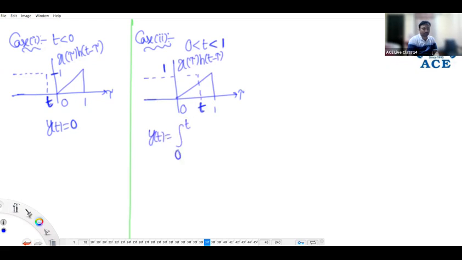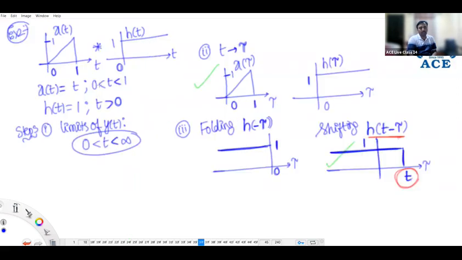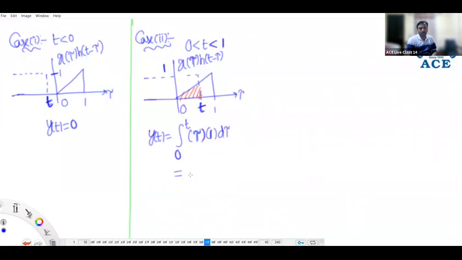This hatched or shaded area is only for your understanding. For what range of tau is there overlap? As it is the mathematical expression of the signal, we should write x of tau is tau, shifted version is 1. Because we have already written x of t as t. So x of tau is tau, shifted version is 1. The result is t square by 2.